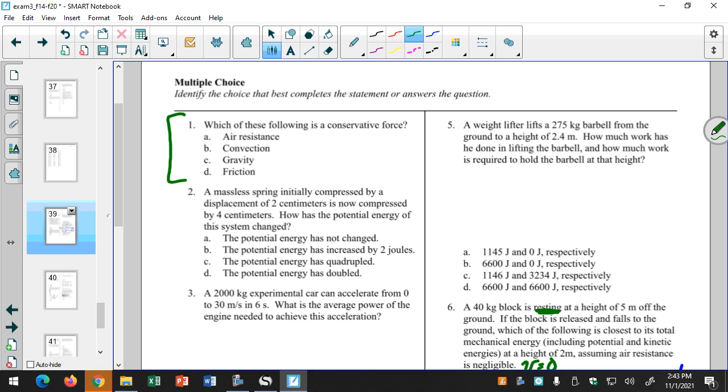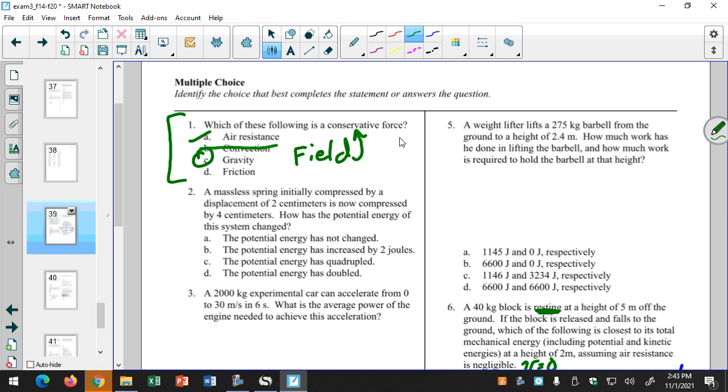Which of these is a conservative force? Not air resistance. You lose energy with that. That's a dissipative force like friction. Convection, that is a thing, but it's not related to a force. Gravity or friction, then? Which of those is conservative? Gravity is conservative. Field forces are conservative.